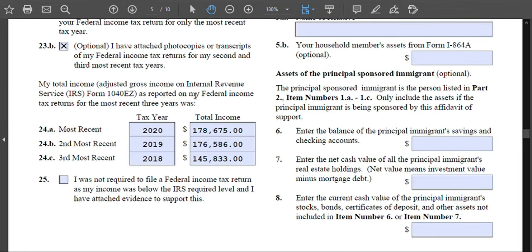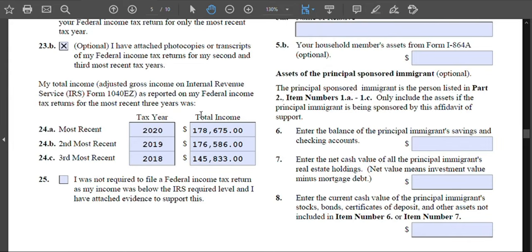When it comes to any sponsors who are filing jointly with their spouses, aside from IRS transcripts or copies of your own federal tax returns from your own records, in the case when the sponsor or the joint sponsor does file their taxes jointly with their spouse, but is only qualifying to use their own income for the affidavit of support, they will need to provide either a copy of IRS transcripts or their own federal income tax returns.